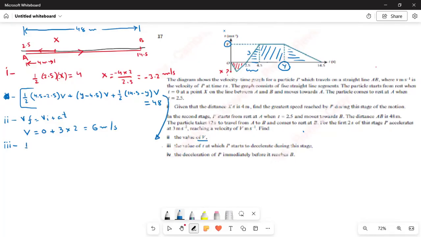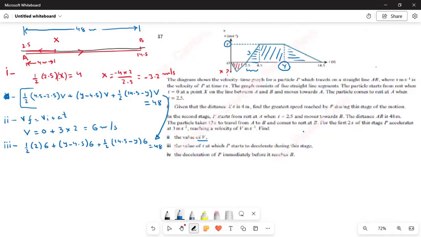This is 1 by 2, and 4.5 minus 2.5 is simply 2, and V is 6, plus Y we do not know, so Y minus 4.5 into 6, plus again 1 by 2, and this is 14.5 minus Y into 6, and this whole thing is equal to 48.